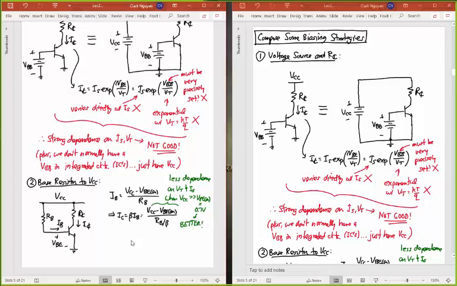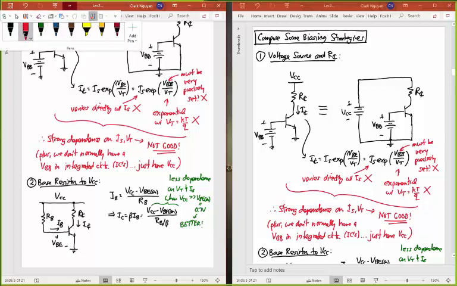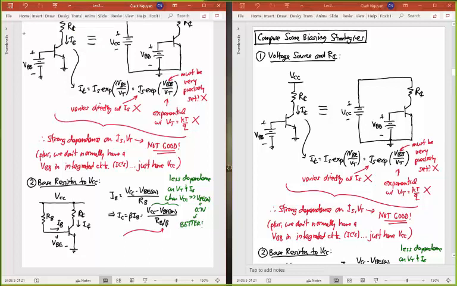But I have a problem, and that's what I see in the denominator of this, that beta. This current is heavily dependent on beta.